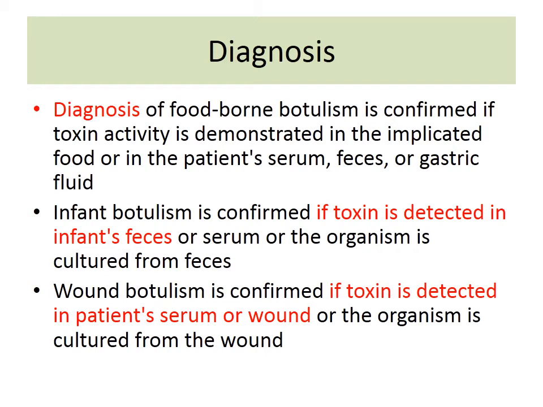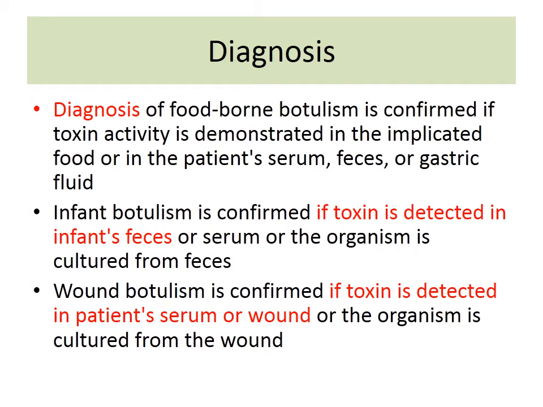For diagnosis, again, we are looking for the toxin, and this toxin has been shown, of course, in patient serum, in feces, and in gastric fluids. Especially when we look at a case in neonates or infants, we detect it in infants' feces, and then culture the feces and look at the antibiotic susceptibility.